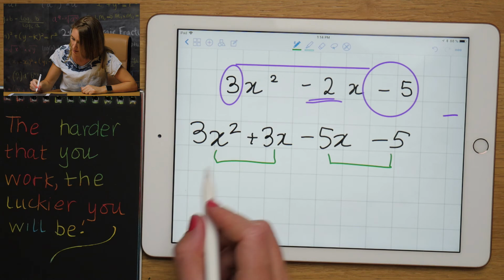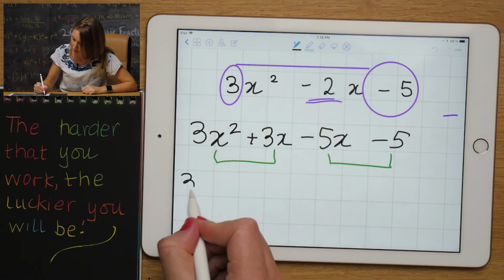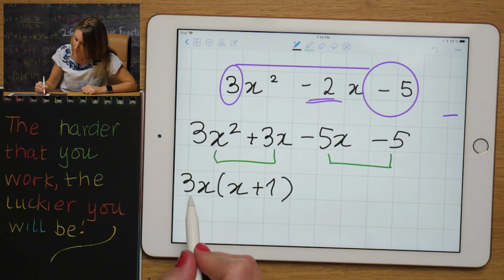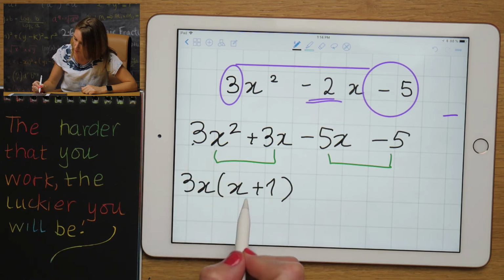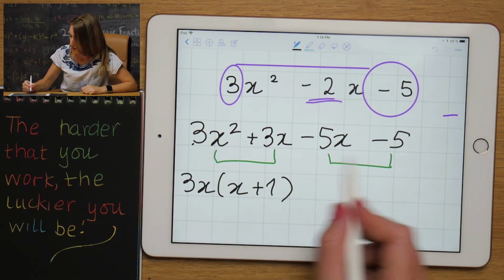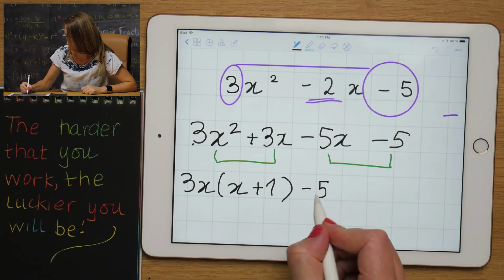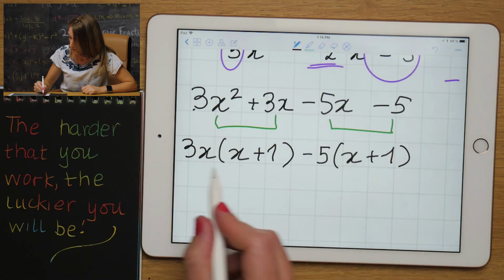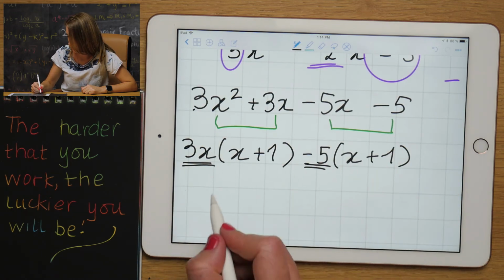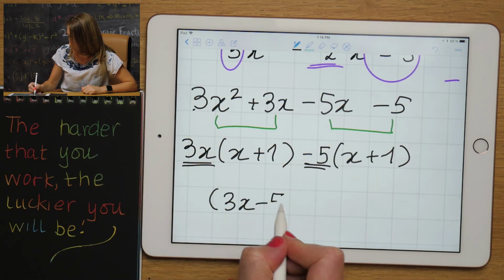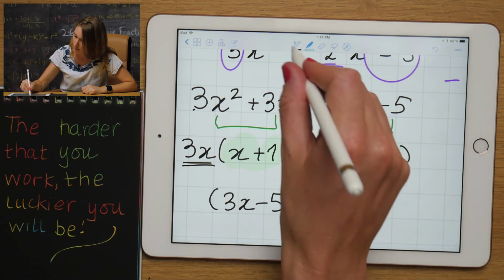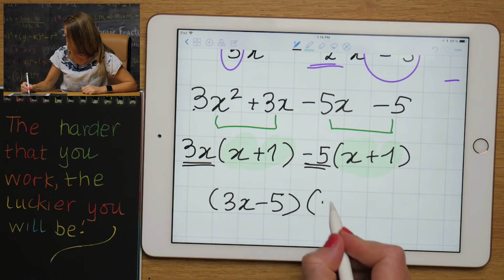So from these two, I can take 3x, and then that will be x plus 1 left. 3x times x will be 3x squared, 3x times 1, 3x. And from these two, I'm going to take minus 5, and again, that will be x plus 1. Take these two for your first bracket, and the repeated one, the one that should be the same if you've done it correctly, for the second bracket.